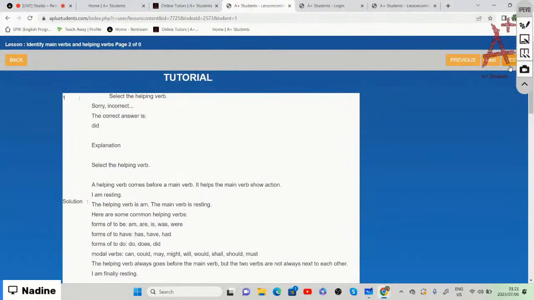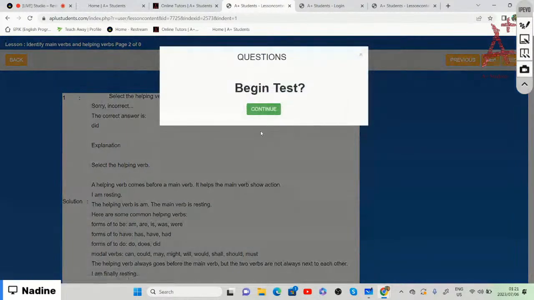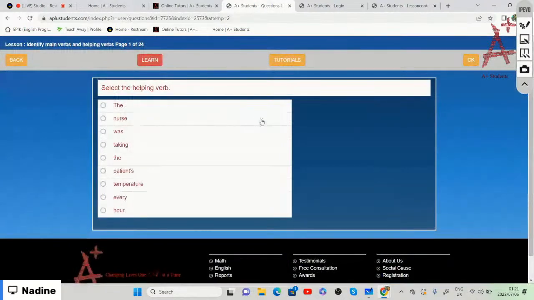All right. So now let us go to our test, right? Where we identify verbs and helping verbs, right? We need to select the helping verb within these words that we see in front of us. The nurse was taking the patient's temperature every hour.